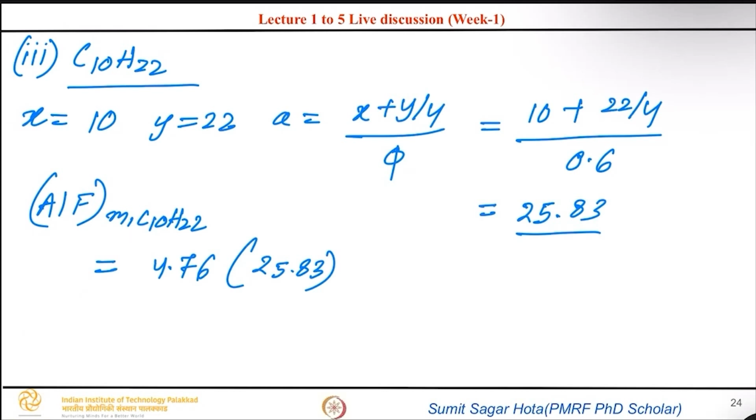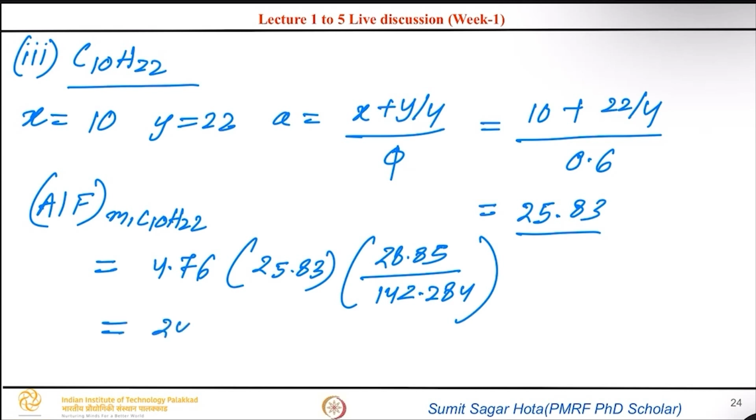I think you understand. 28.85 divided by 142.284. What is this 142? This is the molecular weight of decane. When you calculate, all these values come out to be 24.93 kg of air divided by kg of C10H22.